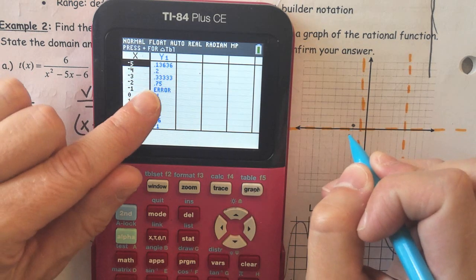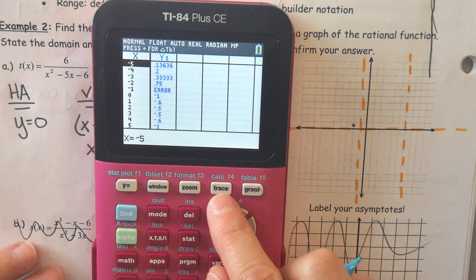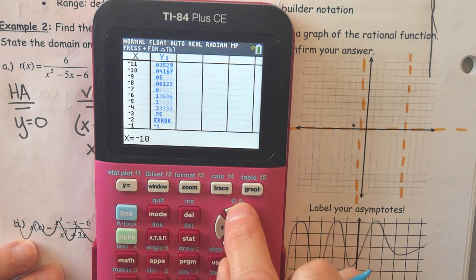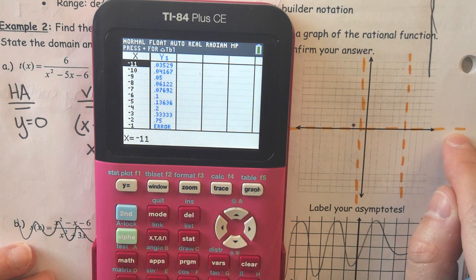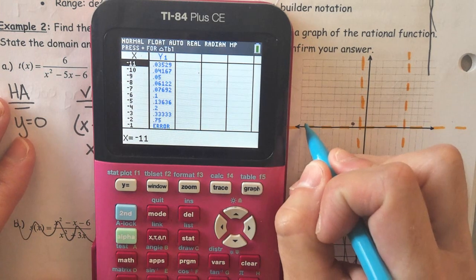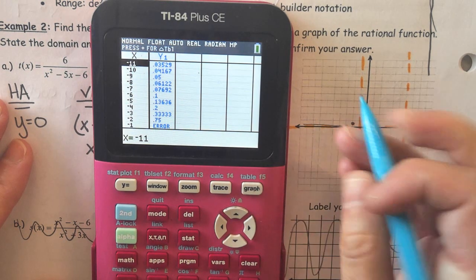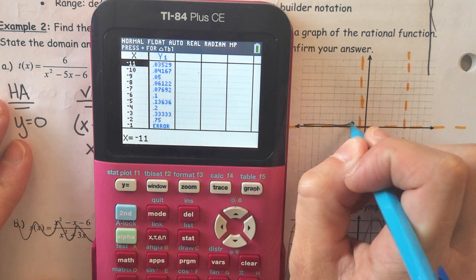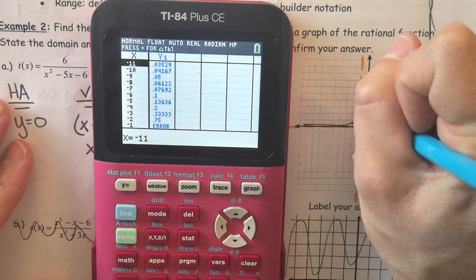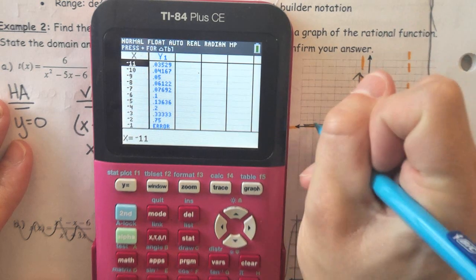And then do you see how these numbers get smaller and smaller and closer to 0, and they're just going to hug the y-axis? So this is going to hug right here. It's not going to touch or cross, it's just going to hug. And then this goes up and hugs the other asymptote.